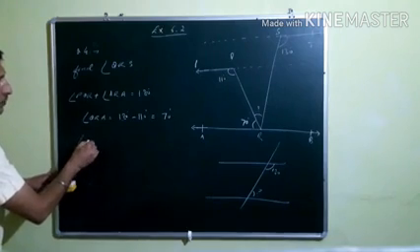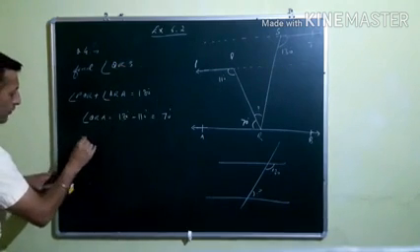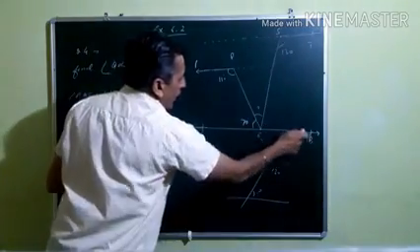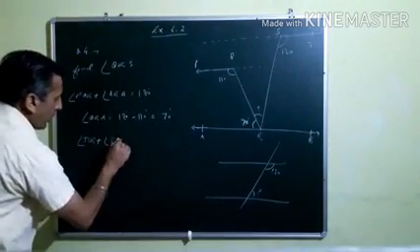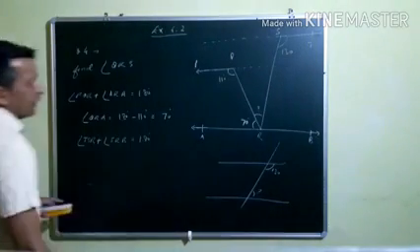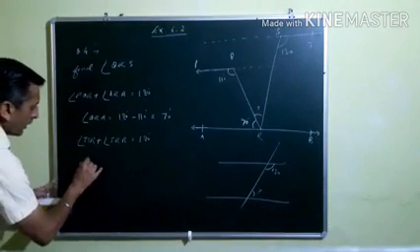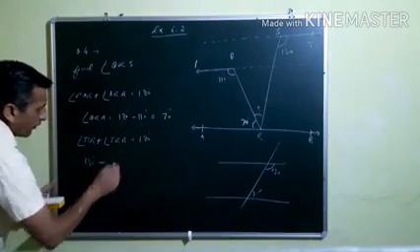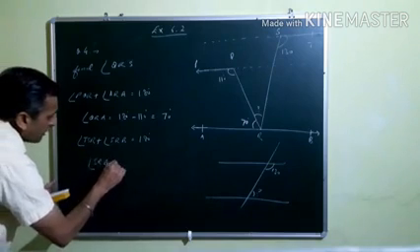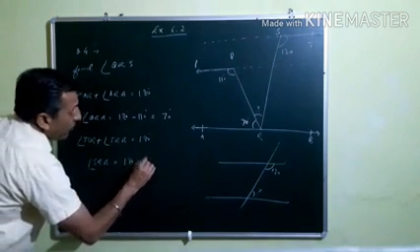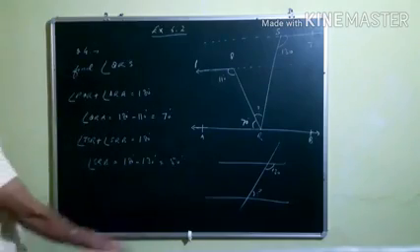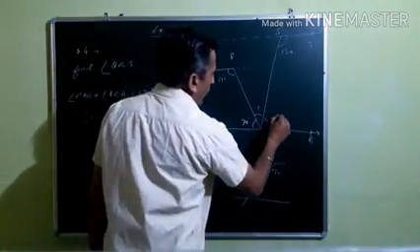That means angle TSR plus angle SRB should be equal to 180 degrees, out of which angle TSR is given, that is equal to 130 degrees, plus SRB is equal to 180 degrees. So angle SRB is equal to 180 degrees minus 130 degrees, and that gives the answer 50 degrees. So this angle is also known, this is 50 degrees.